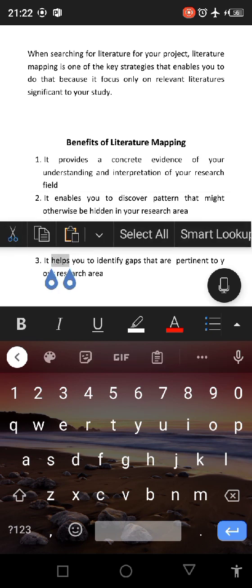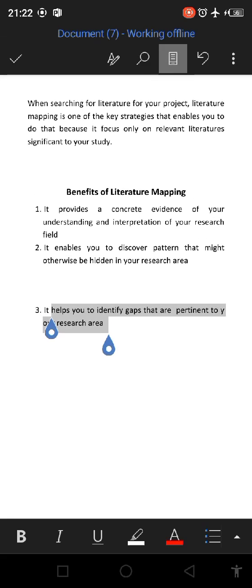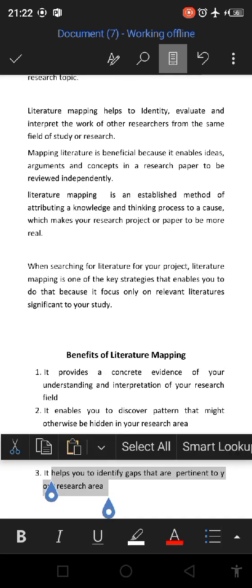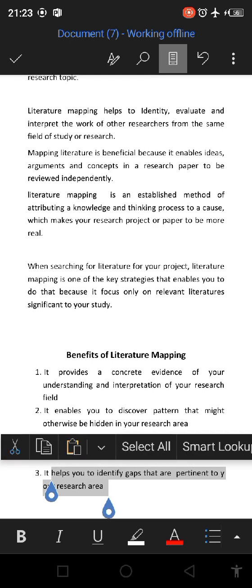And the last benefit we want to talk about in this video is that literature mapping helps you to identify gaps that are pertinent to your research area. What do I mean by this?